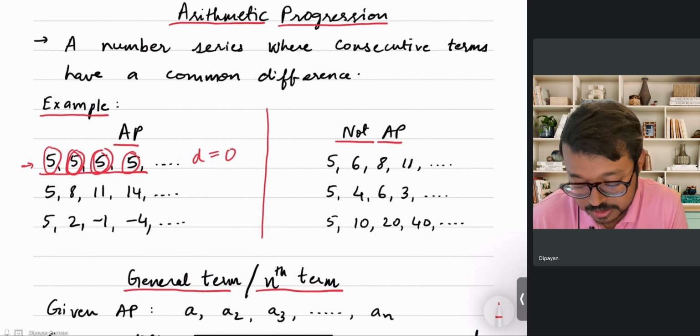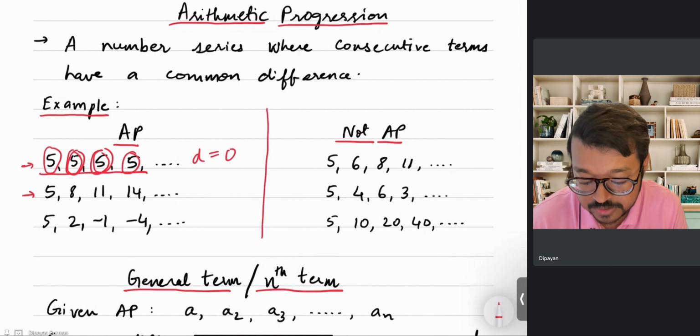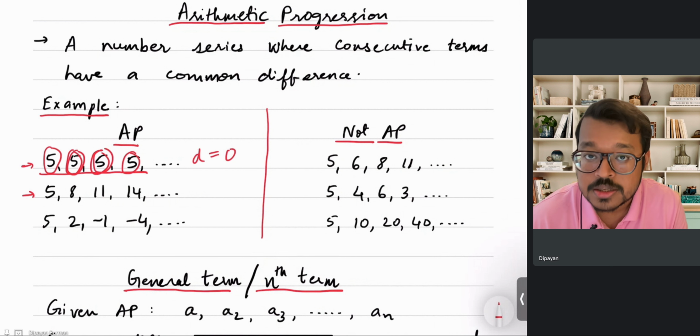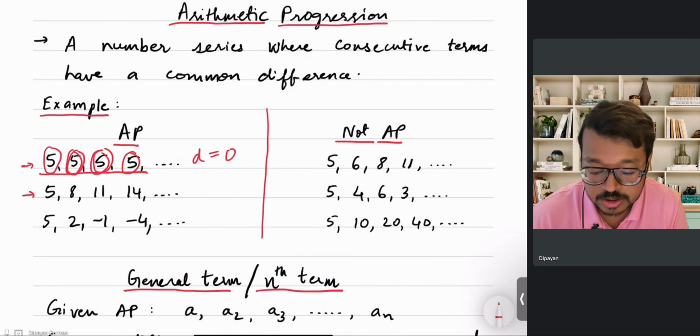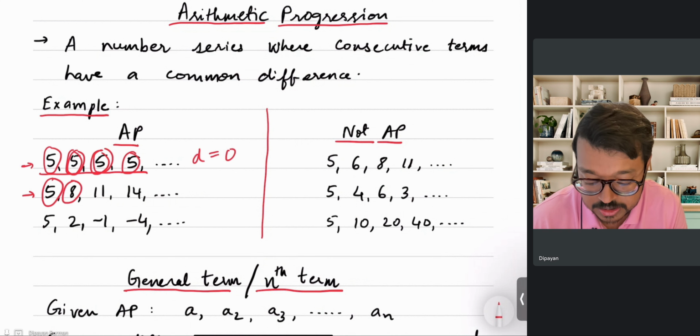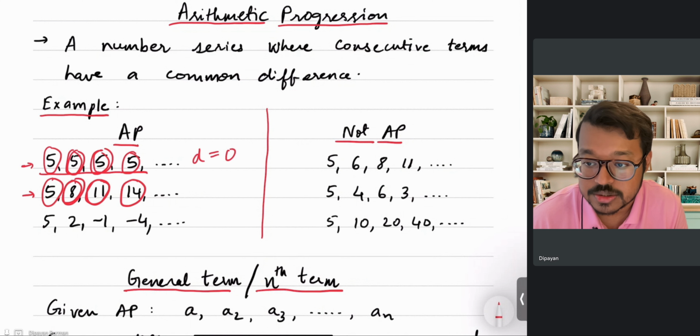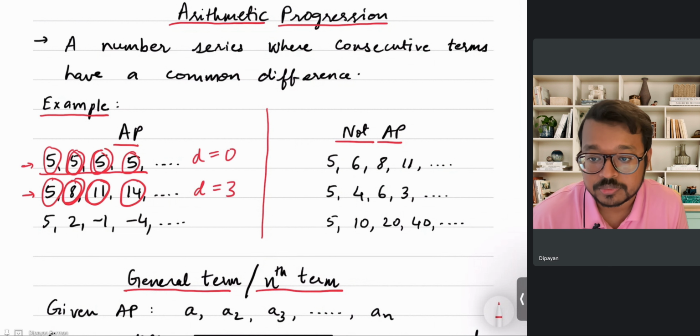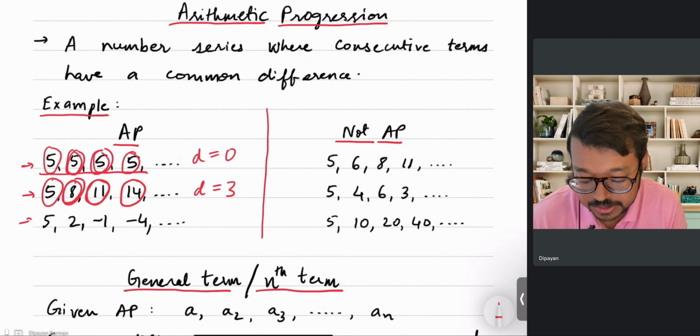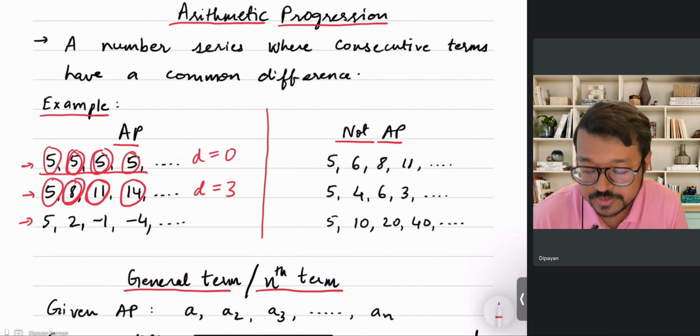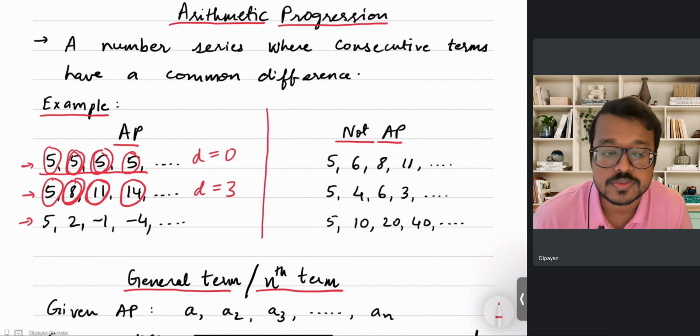In the second AP, we have the numbers 5, 8, 11, 14. So the difference between consecutive terms, 8 minus 5 is 3, 11 minus 8 is also 3, 14 minus 11 is also 3. So the common difference D is equal to 3. Now in the third AP, we have the numbers 5, 2, minus 1 and minus 4.